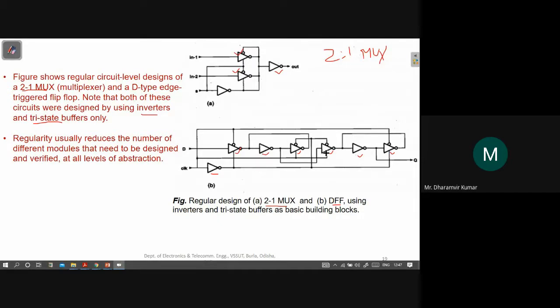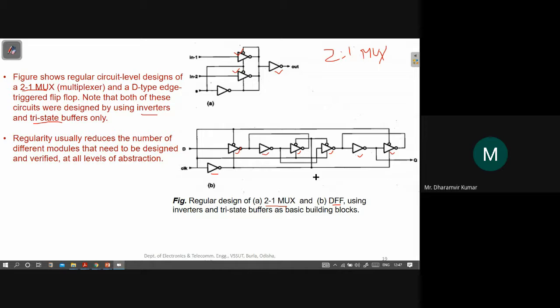But you have seen earlier the circuit of a D flip flop, which could have been designed with the help of AND gates, NOT gates, also OR gates or NOR gates. So I mean to say that for the same design, different types of circuits can exist.